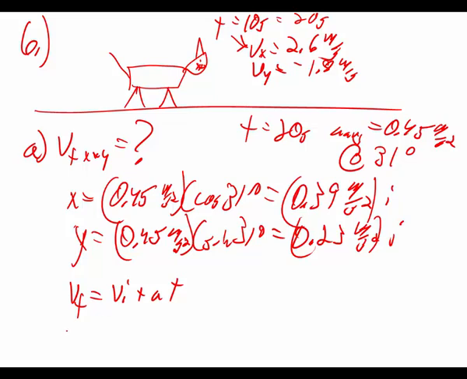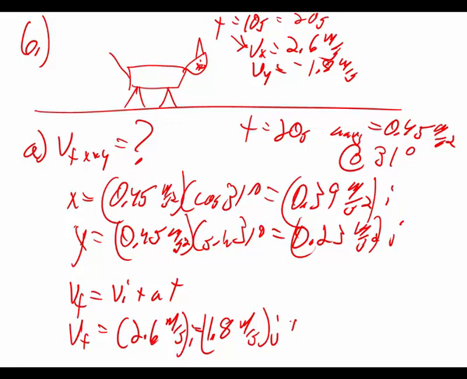All right, so V final, components. Well, the components initially were 2.6 meters per second i, minus 1.8 meters per second j, plus, we plug in our components now of acceleration, and it's 0.39 meters per second squared i plus 0.23 meters per second squared j.